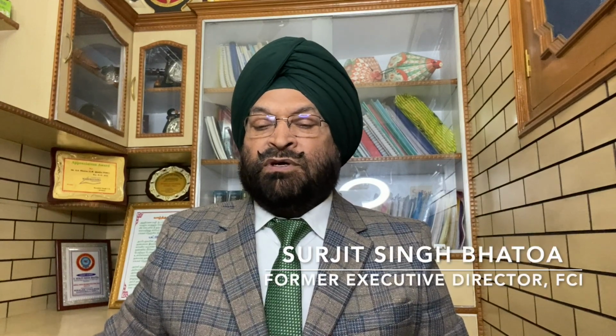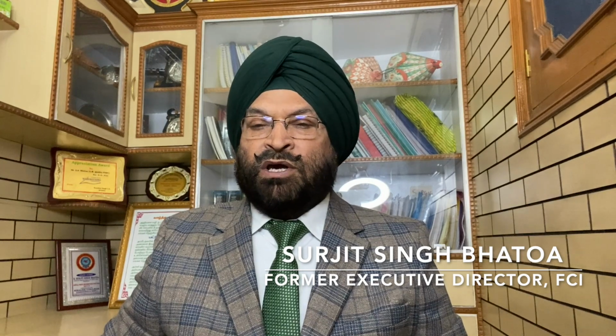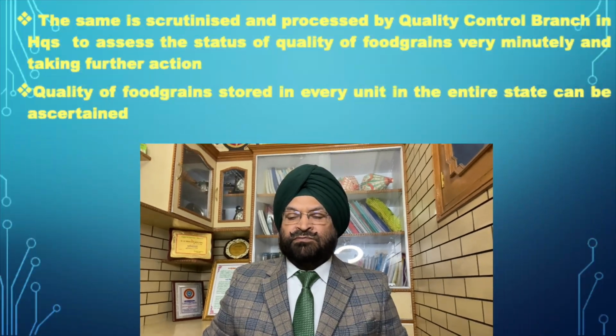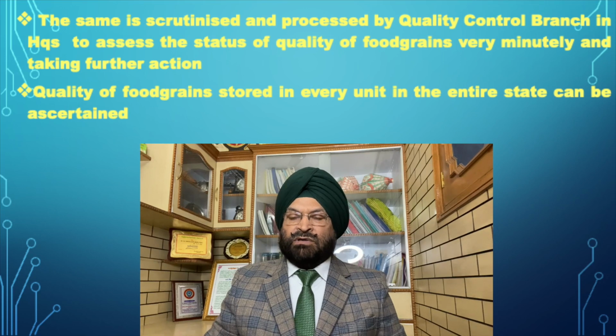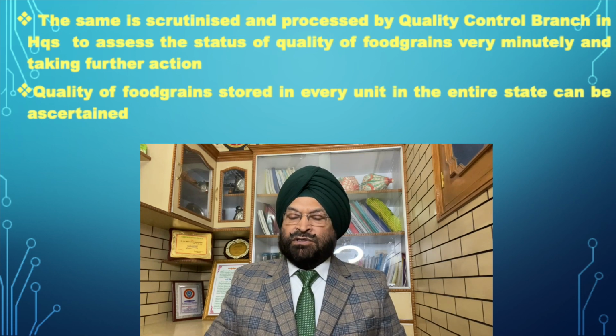So this software shows the quality related data 2 times in a month, that is, on a fortnightly basis. The same is scrutinized and processed by the quality control staff sitting at the headquarters of any organization, and they minutely look into it and take further action.